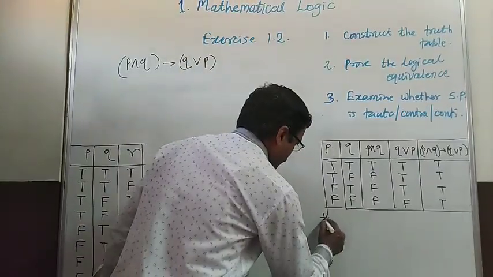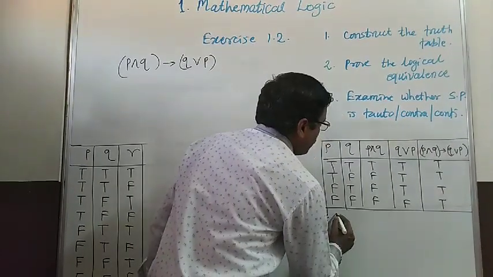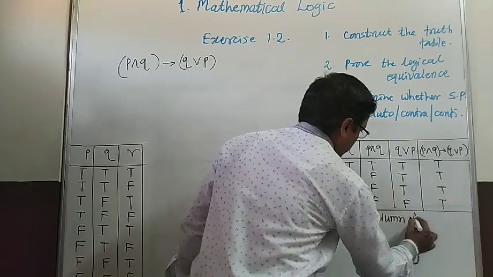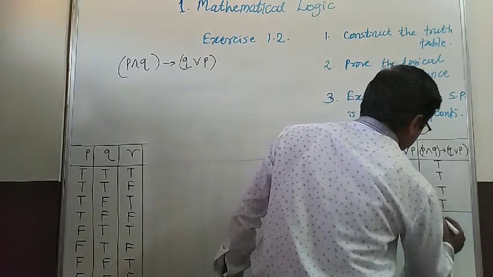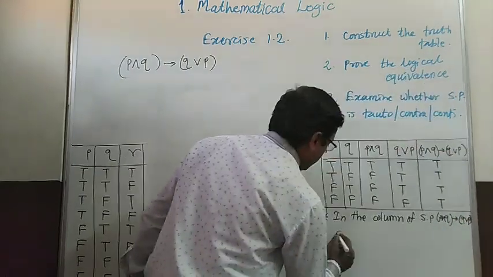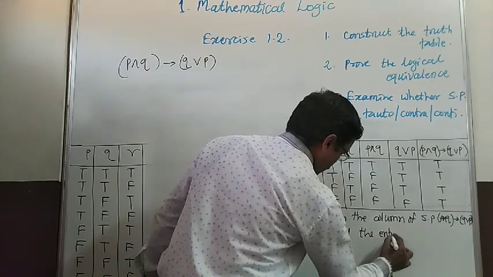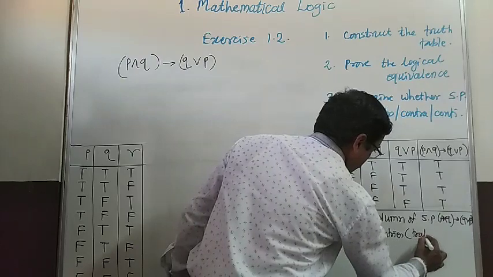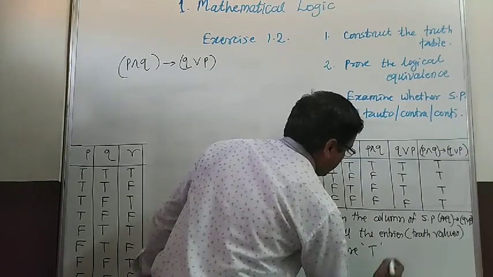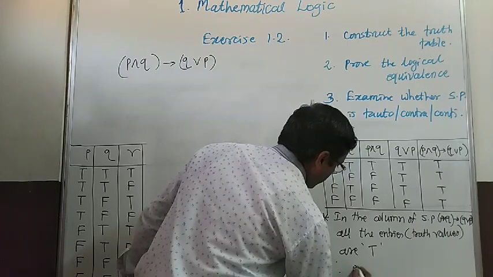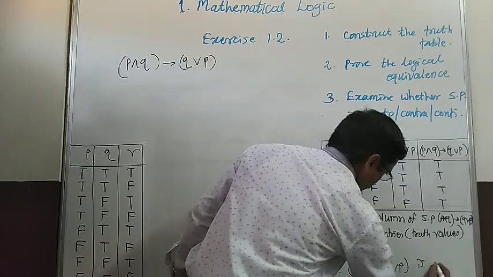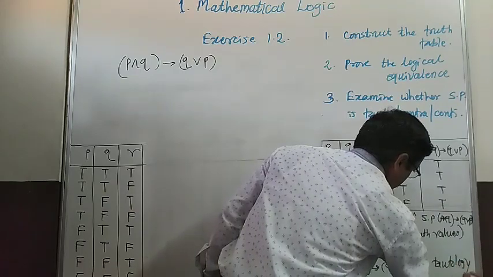So how to write the conclusion? Here, in the column of statement pattern, P and Q implies Q or P, all the entries are truth values, are T, therefore P and Q implies Q or P is tautology.